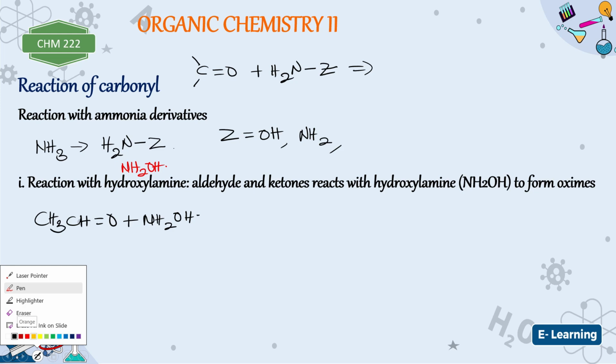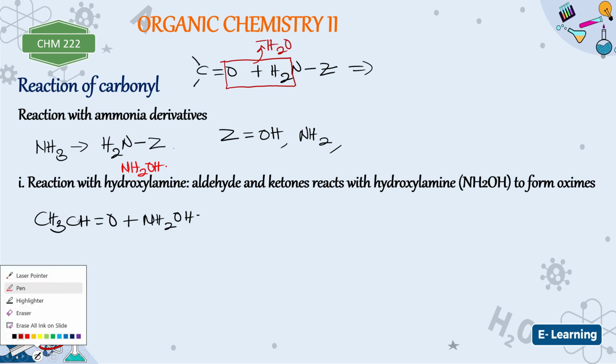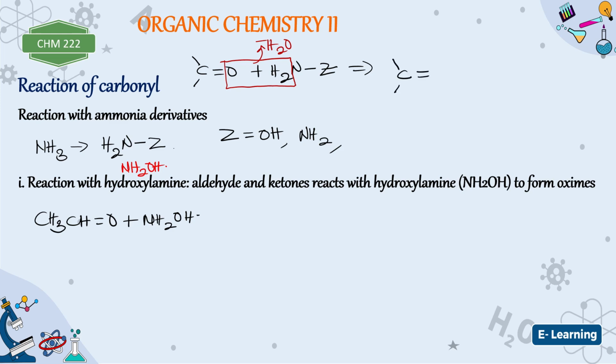So at the end of the day, water molecule will be eliminated. It means NZ will bind with this carbon and double bond, so that at the end of the day, my dear students, this is what you are going to get. Something like this, and then you have NZ.